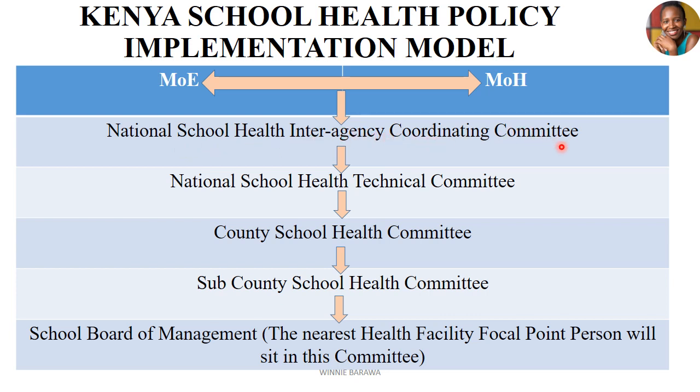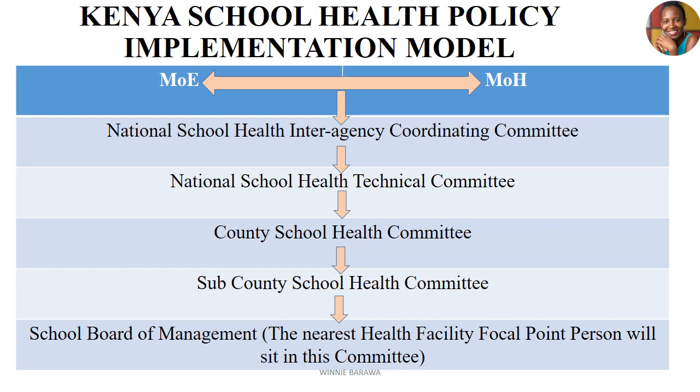And then as you move downward, it's followed by the National School Health Interagency Coordinating Committee. Then this trickles down to the National School Health Technical Committee. Then we have the County School Health Committee, the Sub-County Health Committee, and at the lowest level is the School Board of Management.